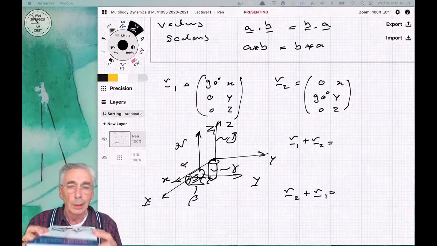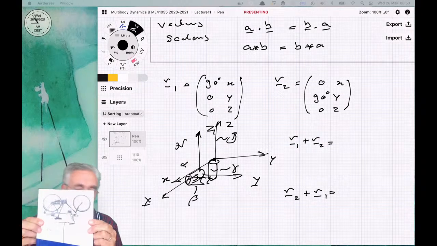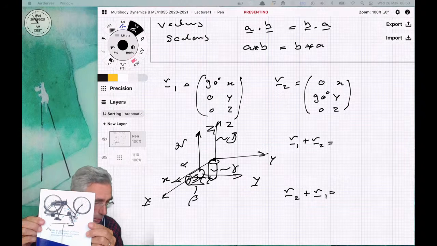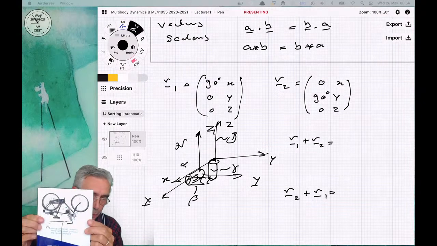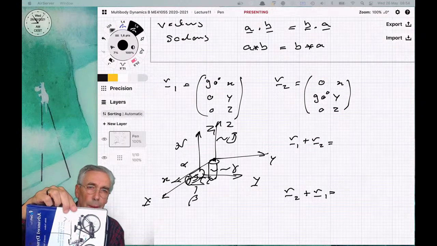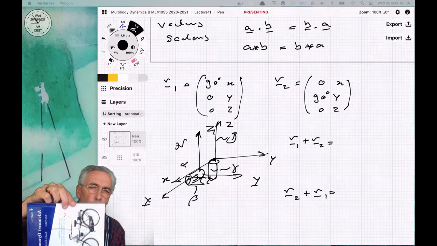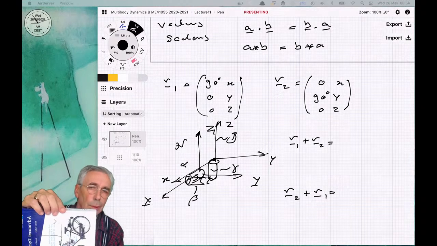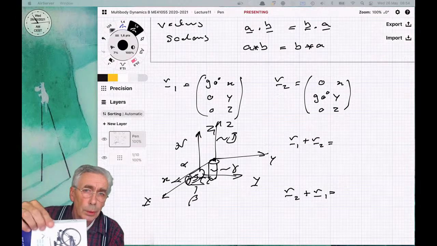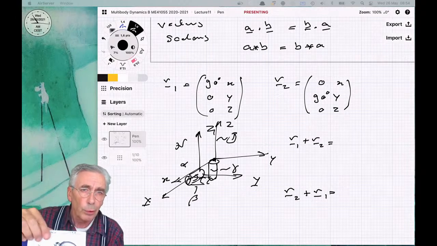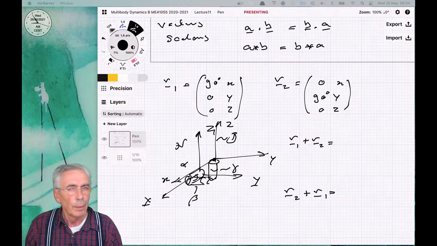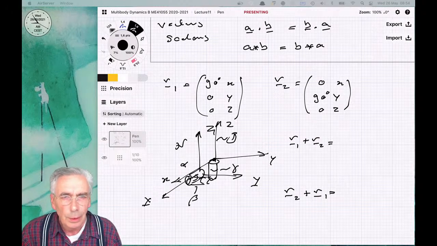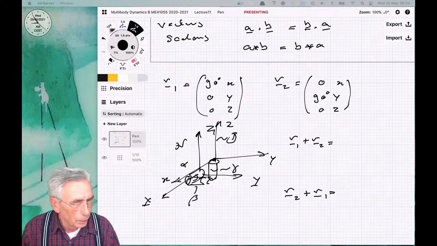So again, first the y-axis, 90 degrees, and then the x-axis. Was it the x? Yeah, and then I end up with something like this, right? And then you would say, no, that's wrong. So these two orientations are not identical. And then you say, yeah, but you should have used the body fixed, the rotated axis. Well, if you do that, you still end up with two different orientations, right?